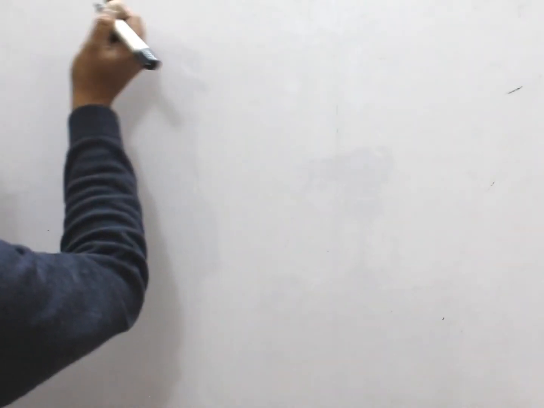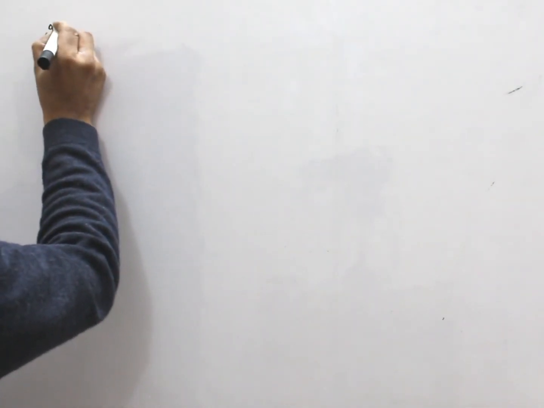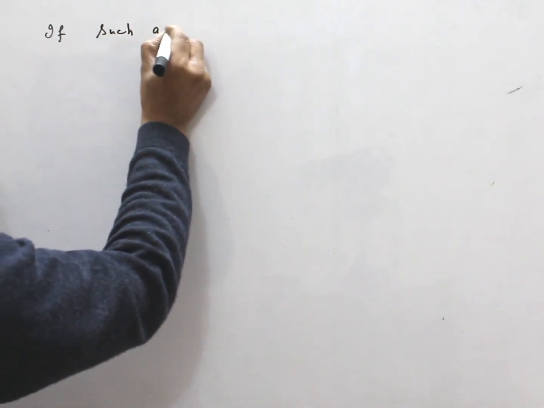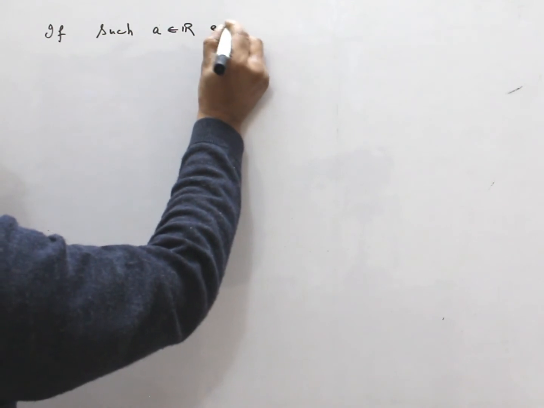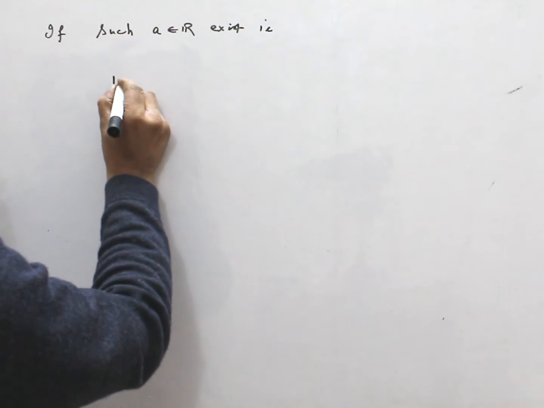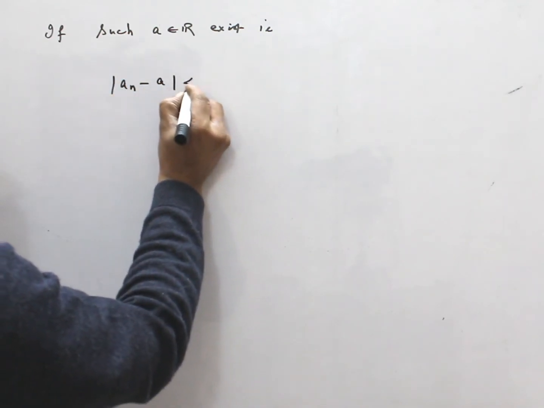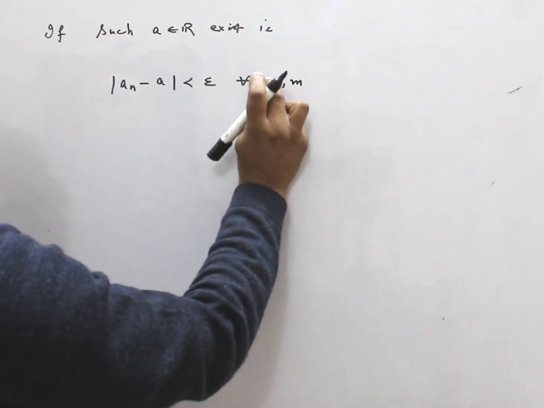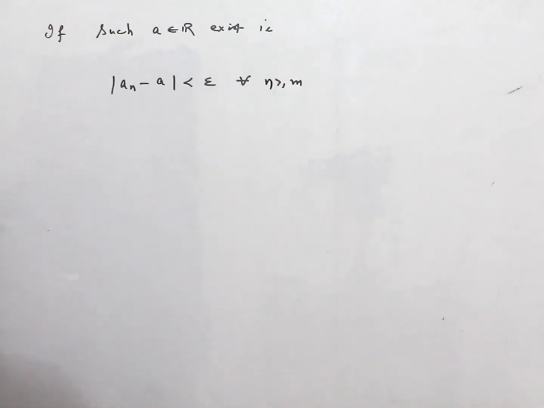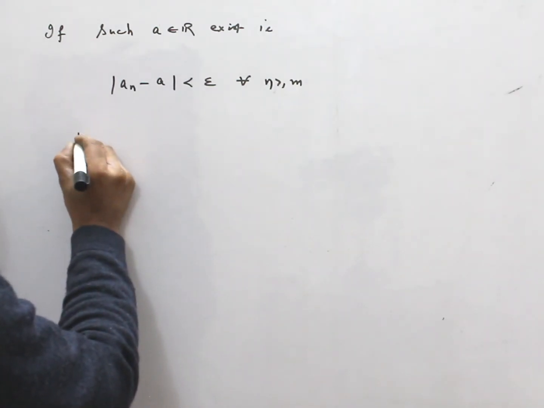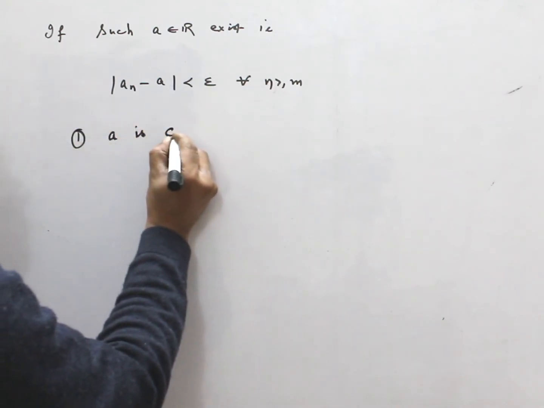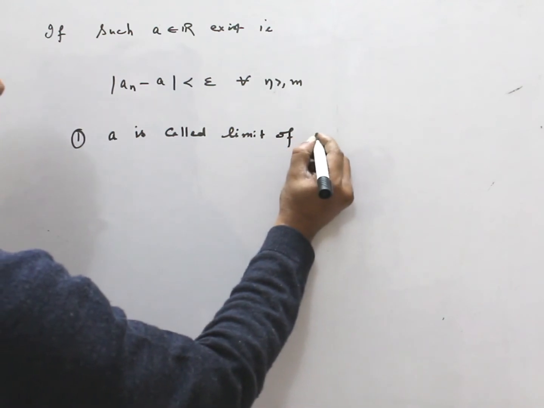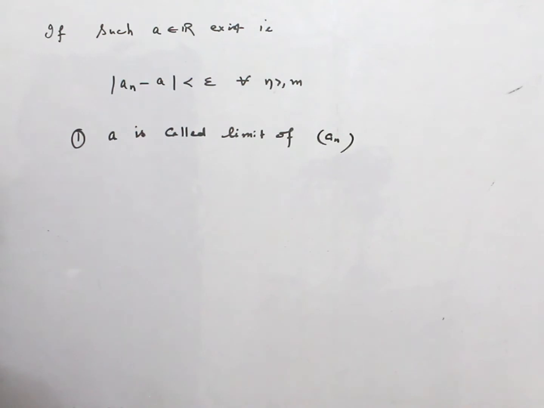One more thing, if such an A in R exists which satisfies |a_n minus A| less than epsilon for all n greater than m, then A is called the limit of the sequence a_n.